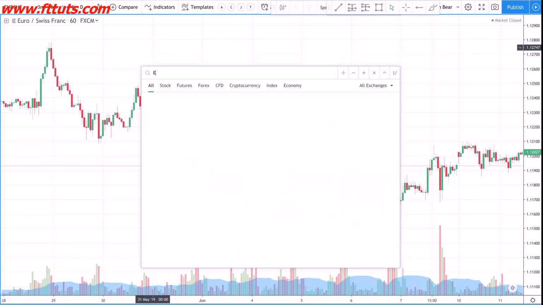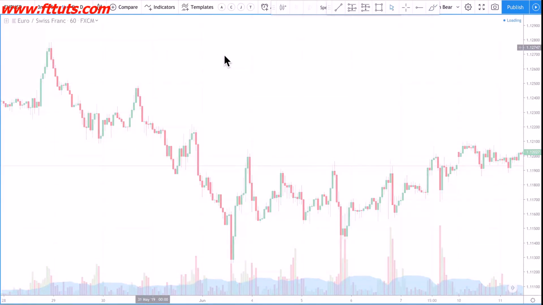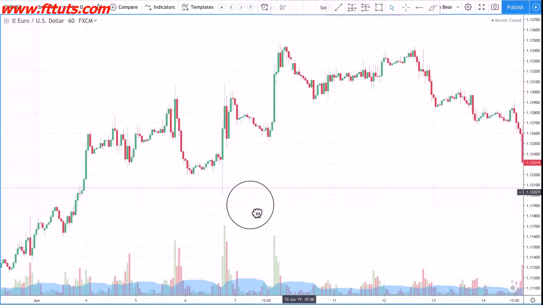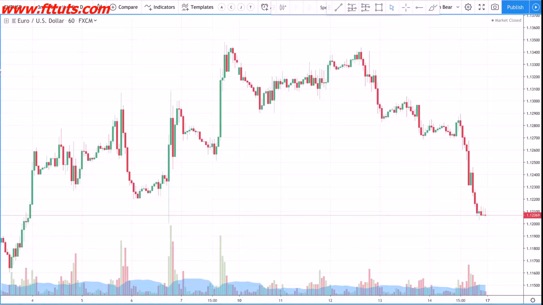Let me take a look at Euro USD, see if I can find you something there. Here we are, state of the market here: uptrend, buyers in control. And then the 60 comes in, pulls back, and you're reading this as, okay, I got a pullback from here and it stops here, then it pulls back to this area, stops there, then it pulls back to that area.